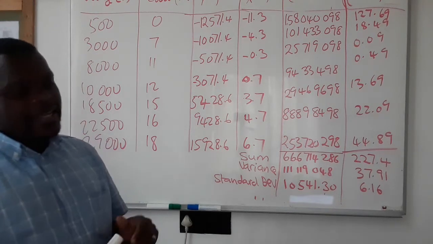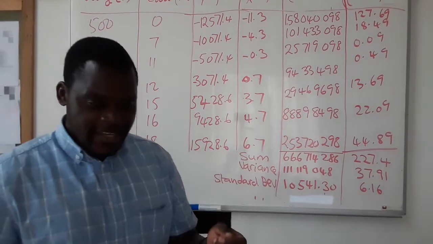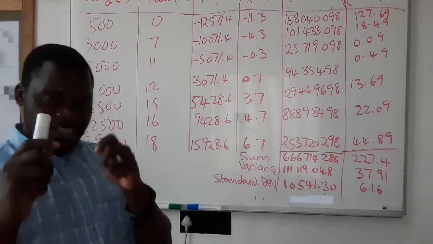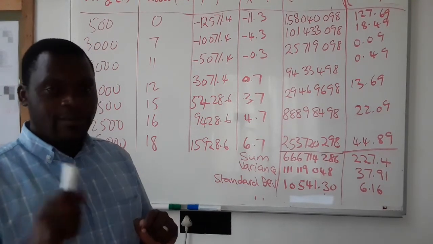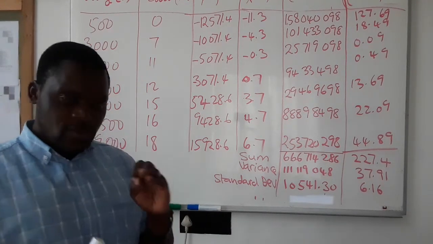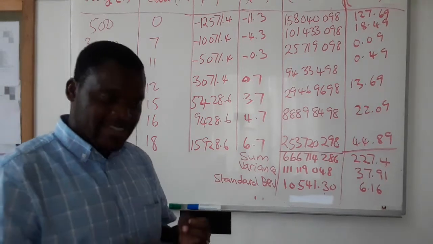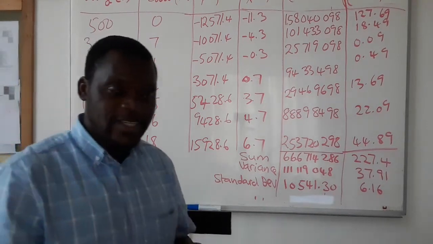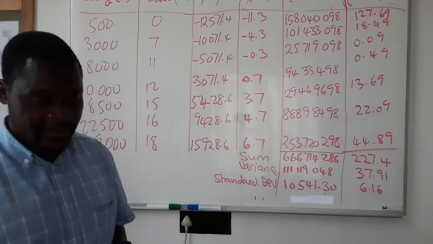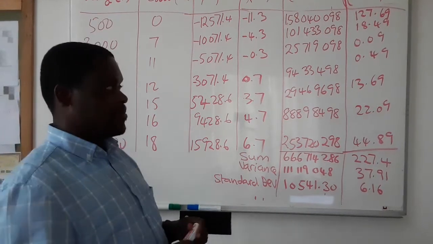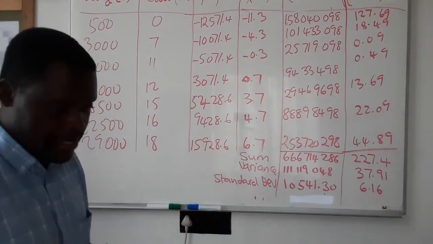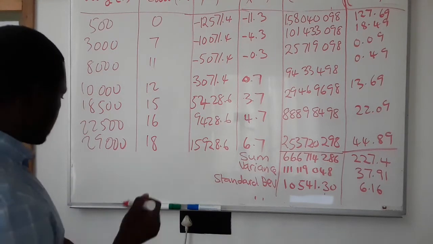So we want a measure which preserves the direction of association but eliminates these two problems of scale sensitivity and unit of measurement sensitivity. And that particular measure is called a correlation coefficient.